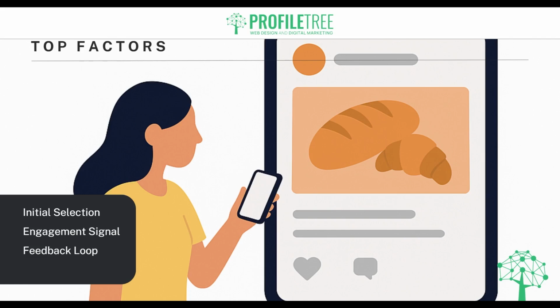Again, just understand this process is key for businesses and marketers. So if your posts aren't performing well, it's likely because they're not getting the initial engagement they need to make it to a wider audience.